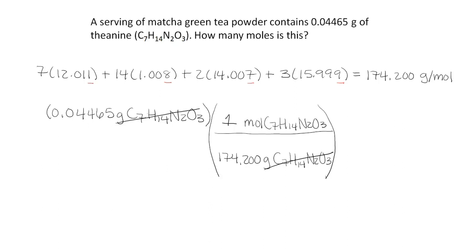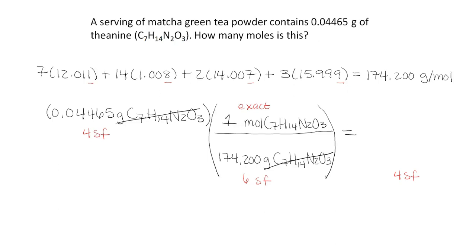Checking our sig figs, we see that we have 4 sig figs in theanine. The 1 mole is exact, and the molar mass has 6 sig figs. So our final result will be rounded to 4 sig figs.